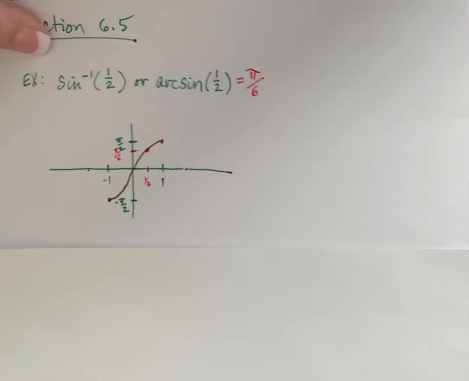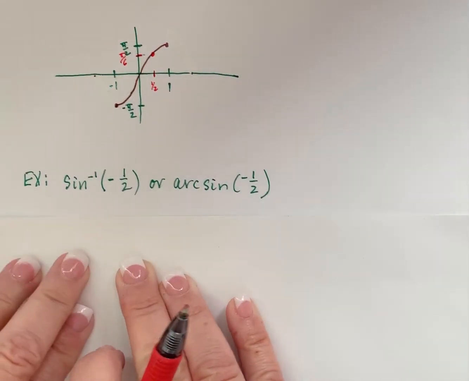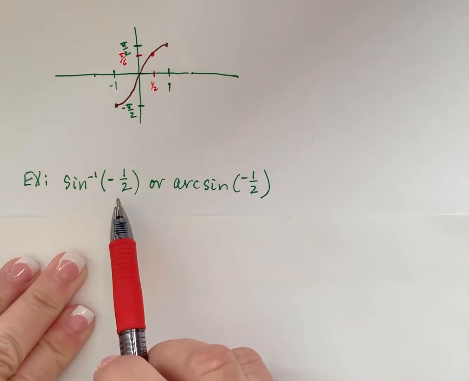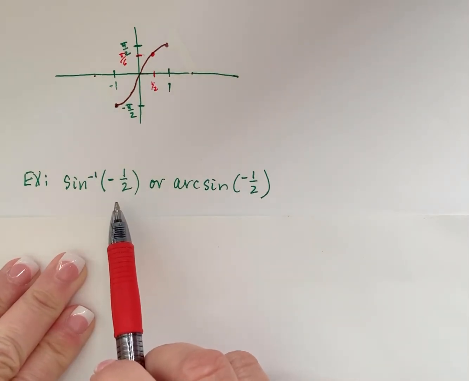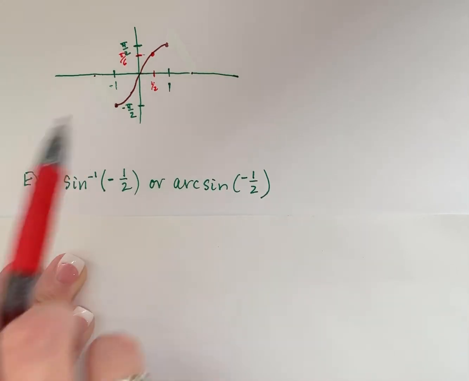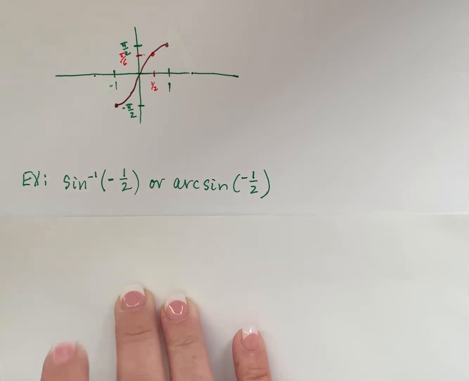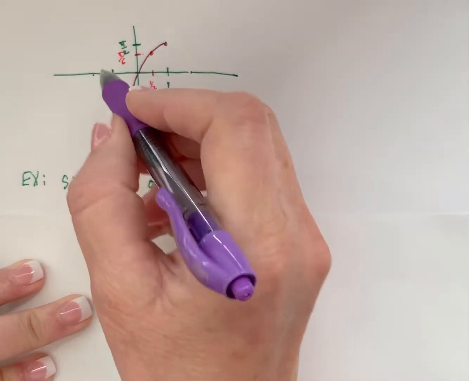Now, if you're asked to find the inverse sine of negative 1/2, then you're looking for the angle whose sine is equal to negative 1/2. All right. So if you go back and you look on the graph, this time you would look to the left.